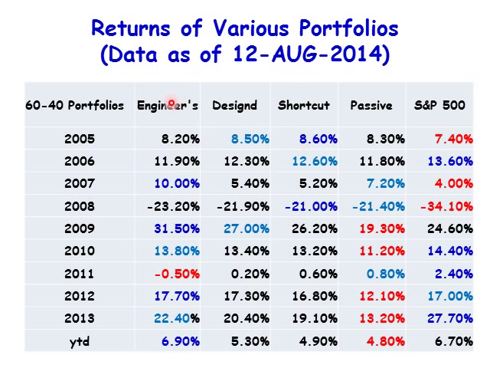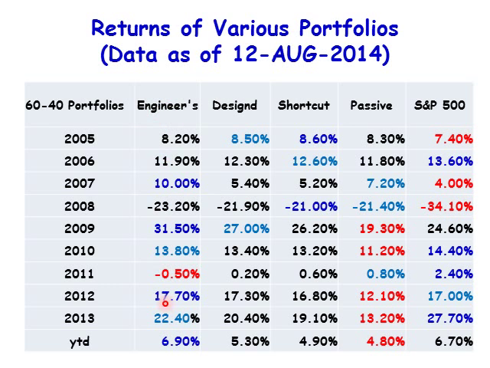In 2006, Standard and Poor's had the best. In 2007, the engineer's portfolio had the best return, and passive was second best. In 2008, the shortcut had the best returns, passive had second best, and Standard and Poor's had the worst returns.